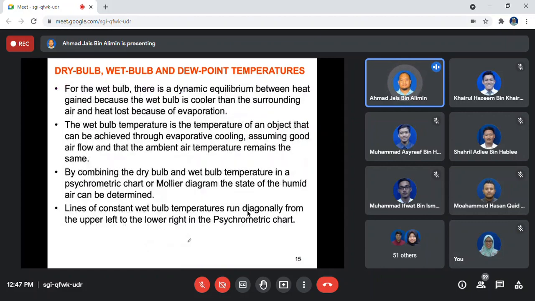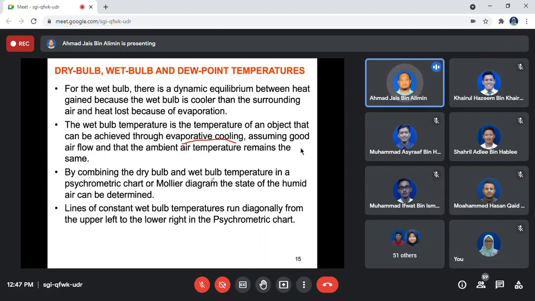For the wet bulb, there is a dynamic equilibrium between heat gain and heat loss, because the wet bulb is cooler than the surroundings, so there is heat gain, and heat loss because of evaporation. The wet bulb temperature is the temperature of an object through evaporative cooling, because of the evaporation of moisture from the wet cloth.